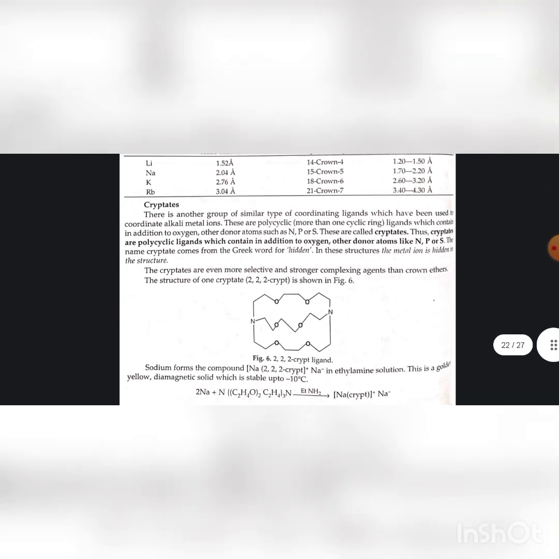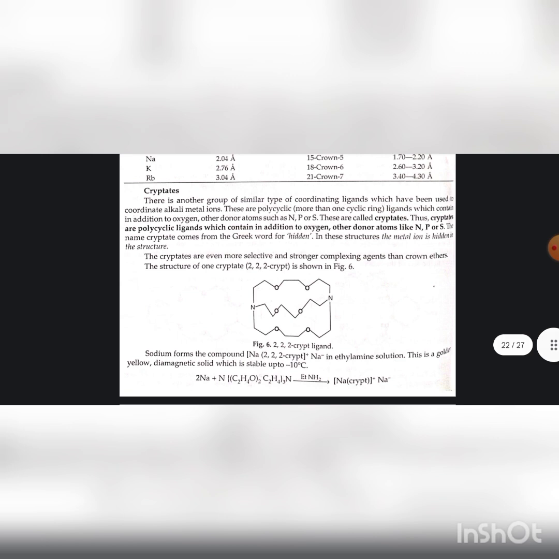Cryptates. There is another group of similar coordinating ligands which have been used to coordinate alkali metal ions. These are polycyclic ligands which contain, in addition to oxygen, other donor atoms such as N, P, or S. These are called cryptates.